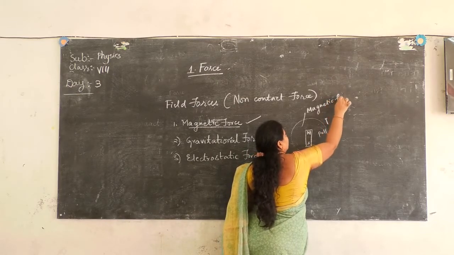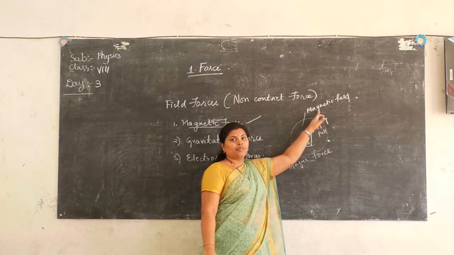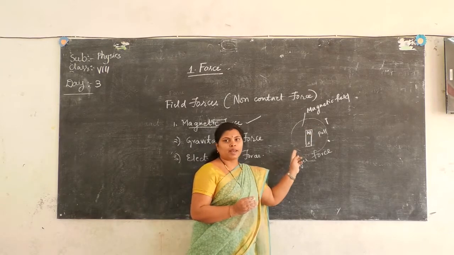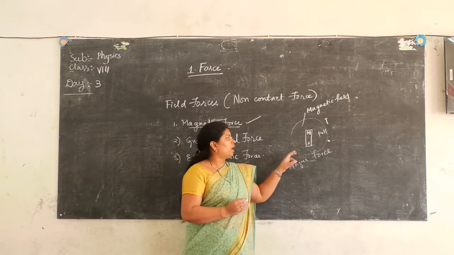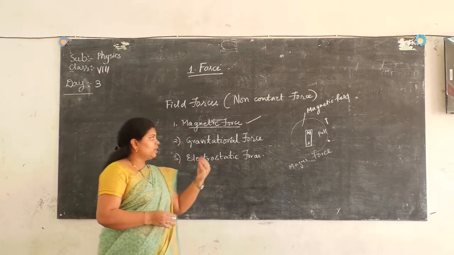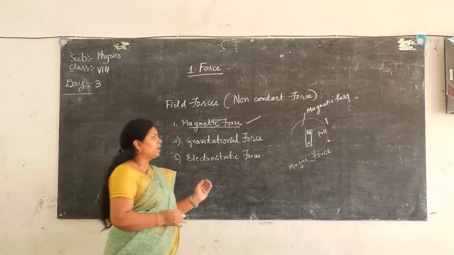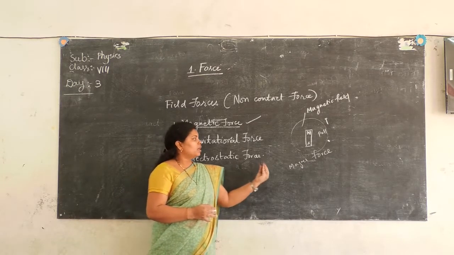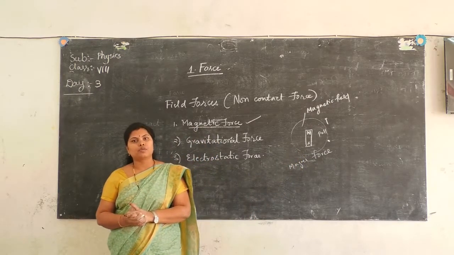Here you can think about why the area is called a magnetic field. The field is nothing but a certain region or space around the magnet where the magnet can exert some force. So, in the influence of the magnetic field, a magnet can pull iron nails or magnetic materials by exerting some force which is called magnetic force.